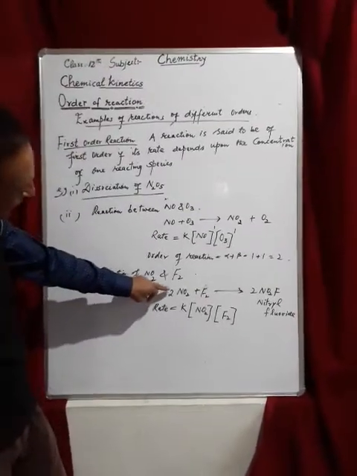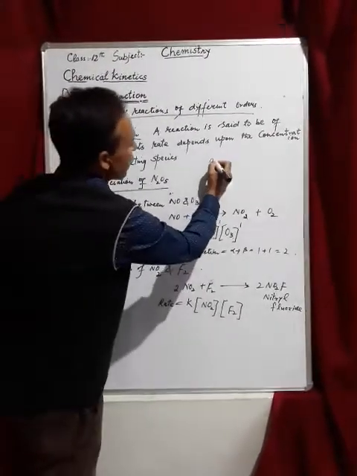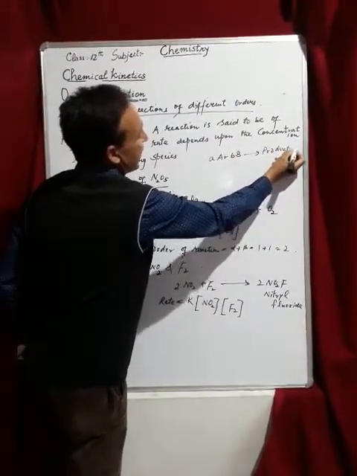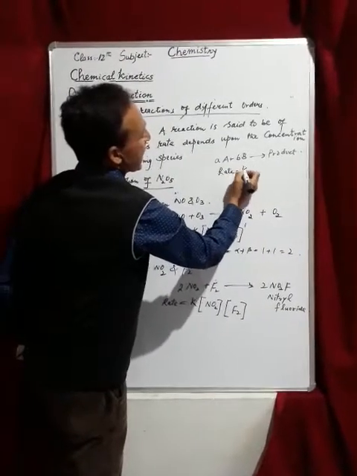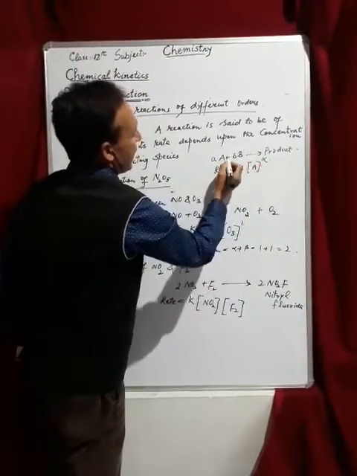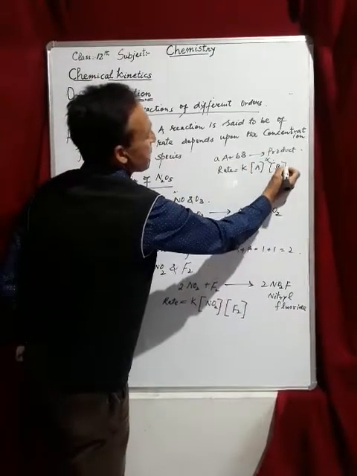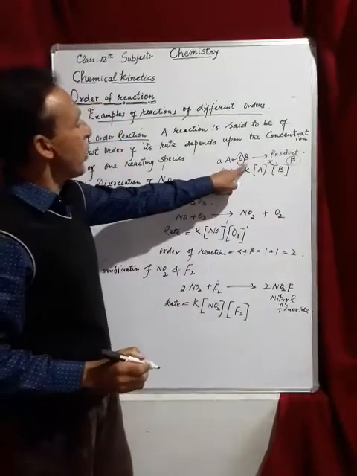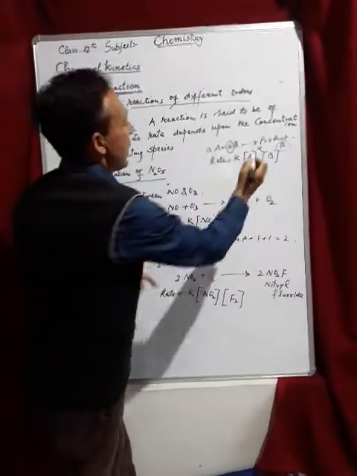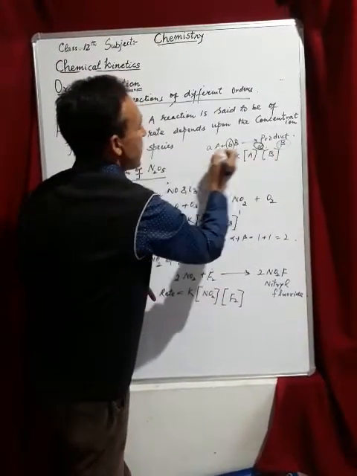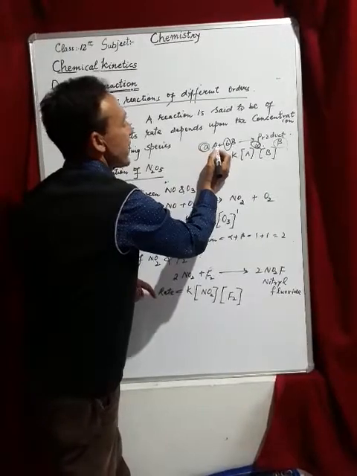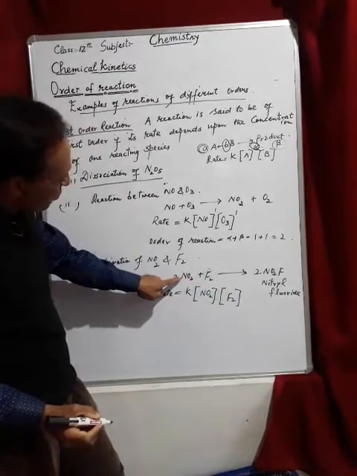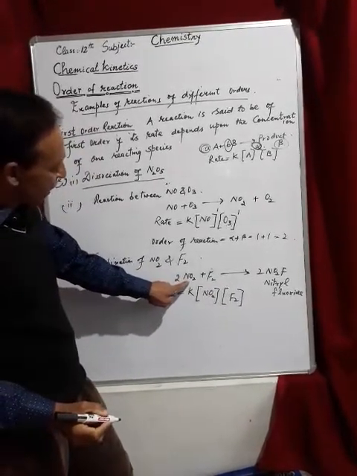Here, just like we write A plus B gives the product, and the rate is equal to K [A] raised to power alpha, [B] raised to power beta. Beta may be the same or different from b, the coefficient of B. Similarly, alpha may be the same or different from a, the coefficient of the reactant A. Here the value of alpha is 1, whereas the coefficient of the reactant NO2 is 2.